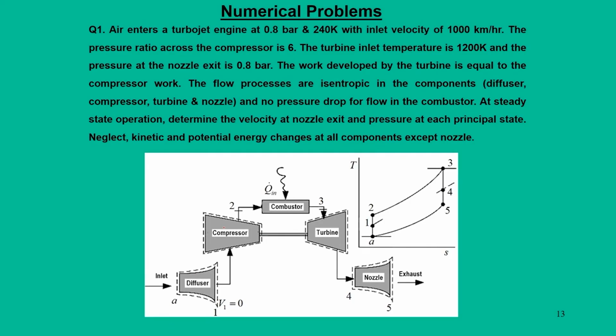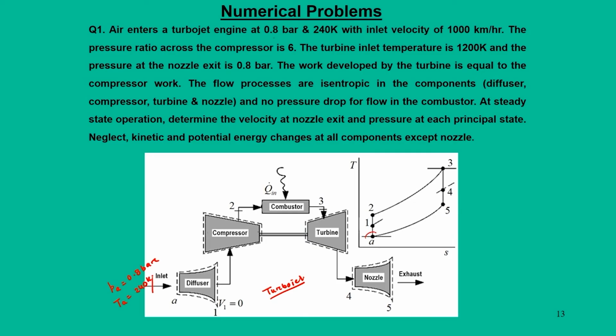The problem statement goes like this. Here I have given the sketch of a turbojet engine. Air enters the turbojet engine at 0.8 bar and 240 Kelvin, so the inlet conditions are fixed at PA equal to 0.8 bar and TA equal to 240 Kelvin.